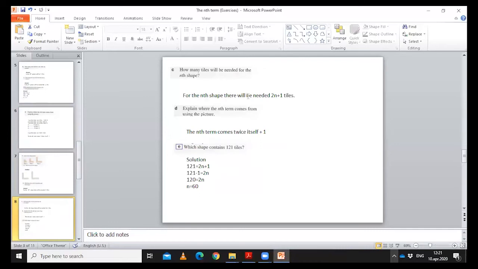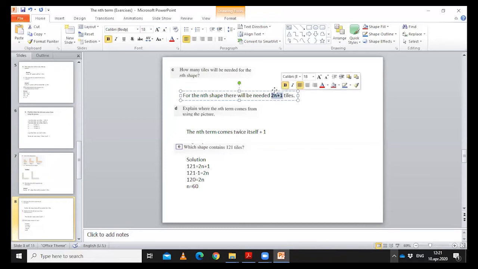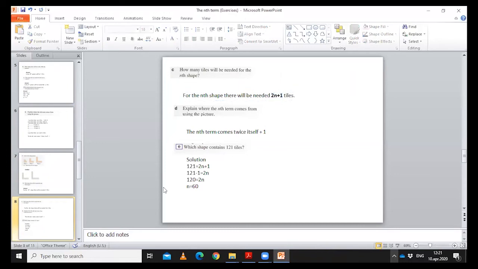For the nth shape, there will be needed 2n plus 1 tiles. 2n plus 1 is a formula that looks like the one that represents odd numbers also. For D, explain where the nth term comes from using the picture. The nth term, of course, comes from multiplying itself by 2 and adding 1.